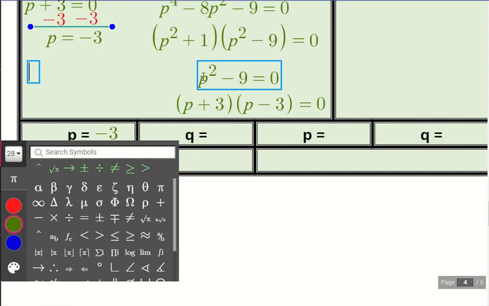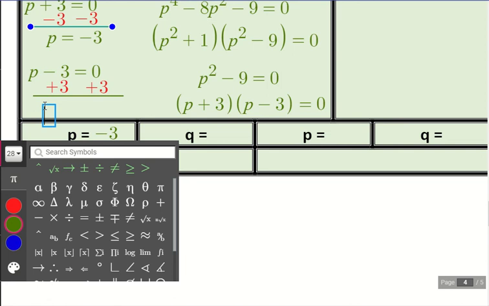Now, the other opportunity is p minus 3 equals 0. If p minus 3 equals 0, this time we add 3 to both sides, and therefore p equals positive 3.